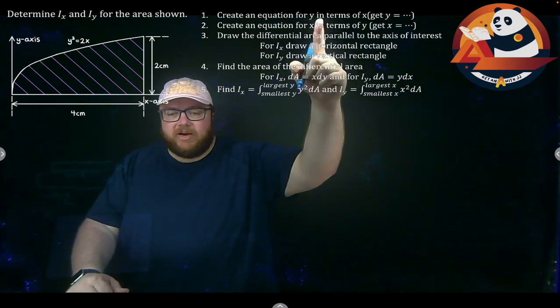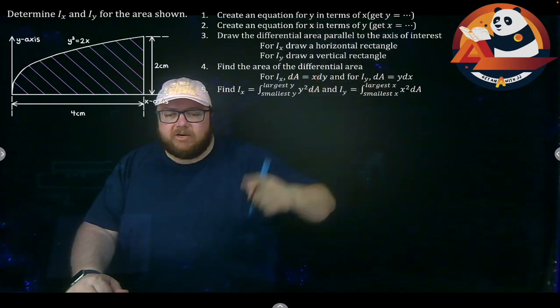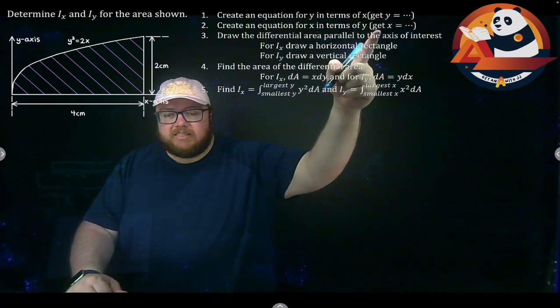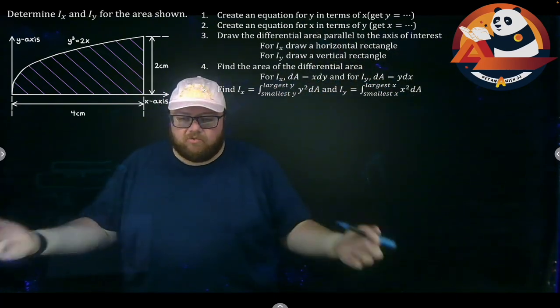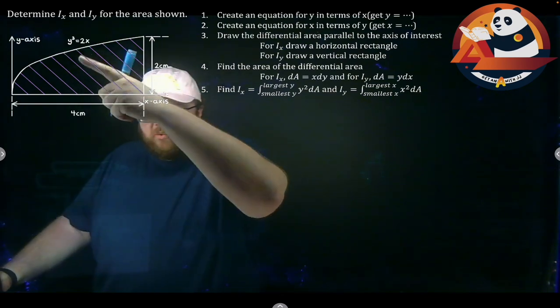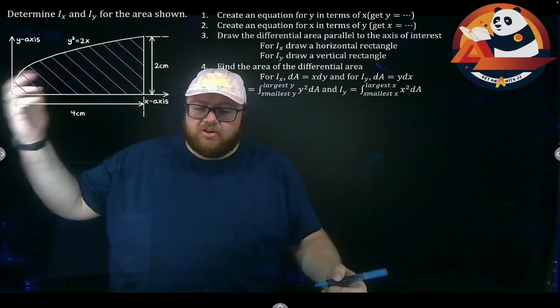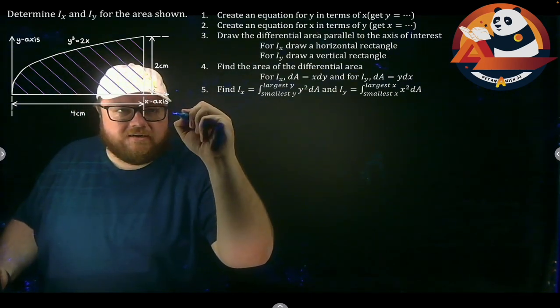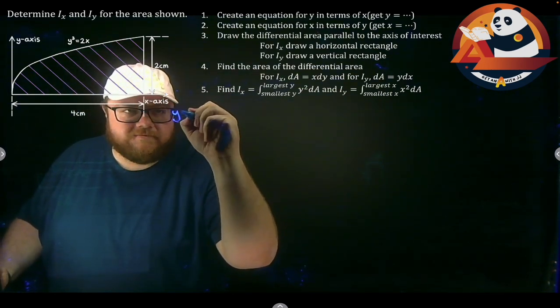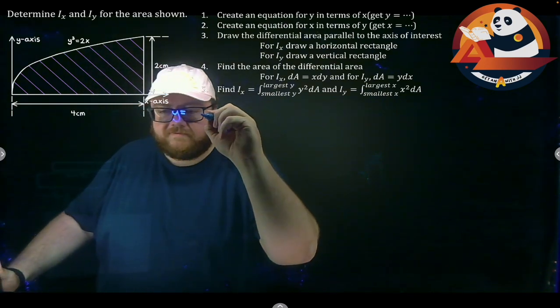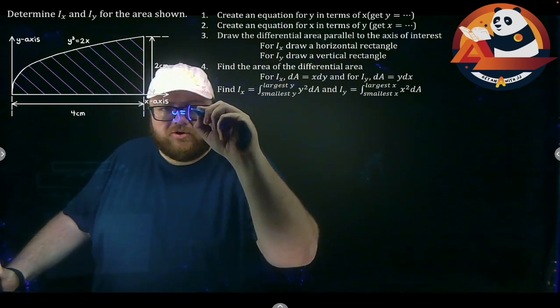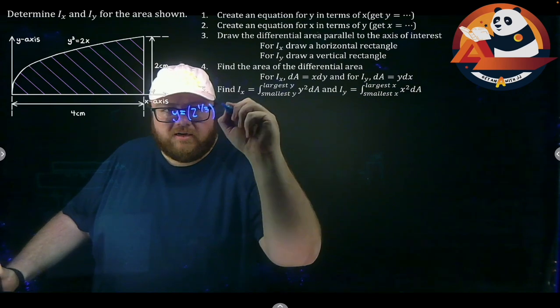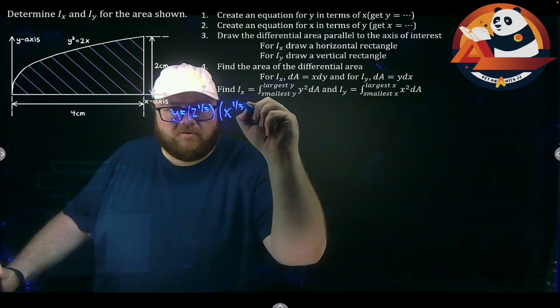First off, let's get an equation for y. So y equals, get it in terms of x. And an x equals, getting x in terms of y. So for y, we have y cubed is 2x. Let's just take the cube root. Now I'm going to separate that into two little pieces here. But my y should be equal to 2 to the 1/3 times x to the 1/3.